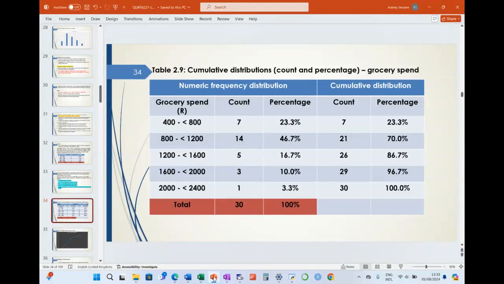I don't know if this is still the survey. Oh yes, it is still the survey, but now we're looking at grocery spend. So how many people spend between what brackets? You see that 29 out of the 30 spend less than 2,000. So that's about 96%, you can even say 97%, of the surveyed customer base.